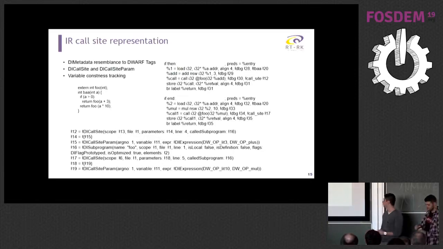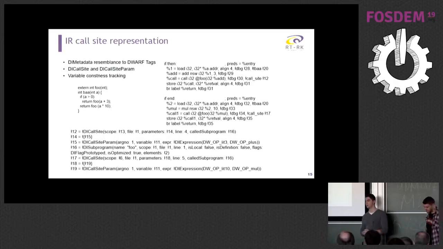Since debug info metadata is inspired by DWARF, and George showed that call site information in DWARF is represented by tag call site and tag call site parameter, we decided to introduce DICallSite and DICallSiteParam metadata.